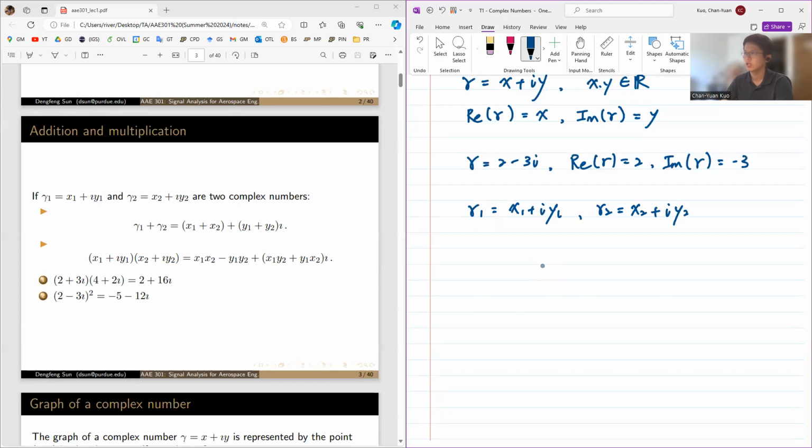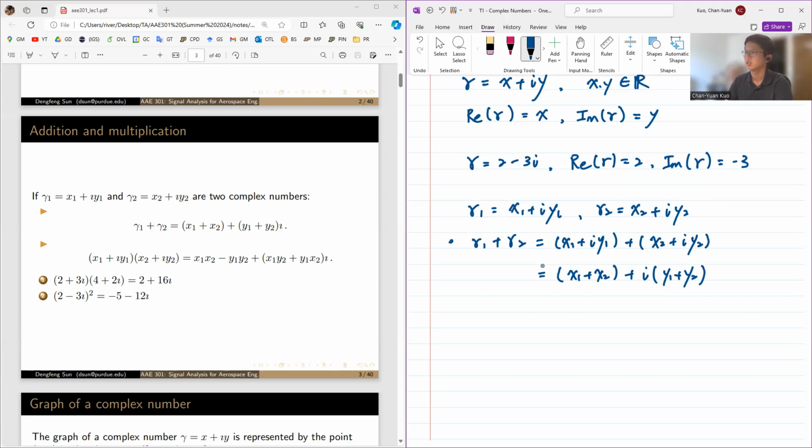The addition of these two complex numbers can be computed as gamma 1 plus gamma 2 equals x1 plus i y1 plus x2 plus i y2. So to sum up these two complex numbers, we simply add the real parts and the imaginary parts separately. So here we will have x1 plus x2 plus i times y1 plus y2.